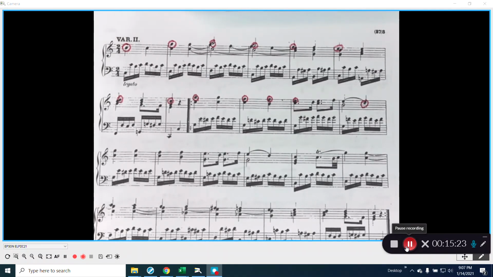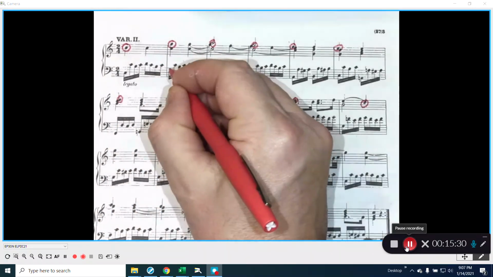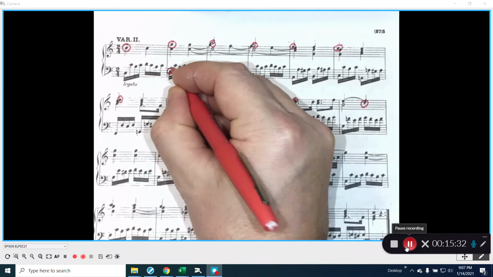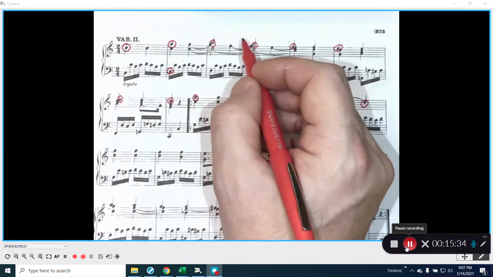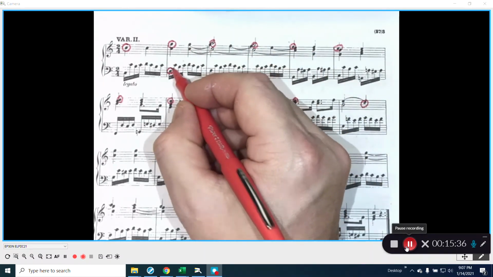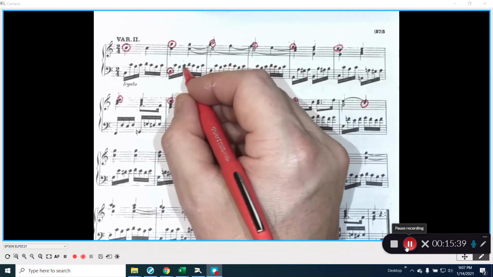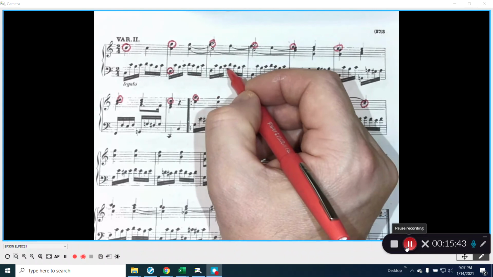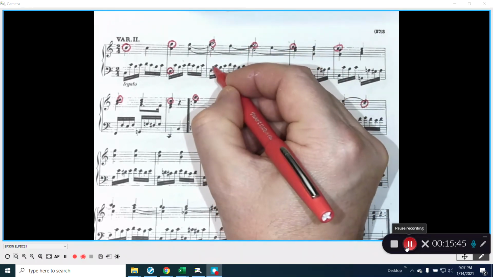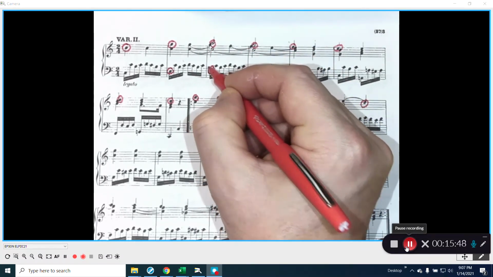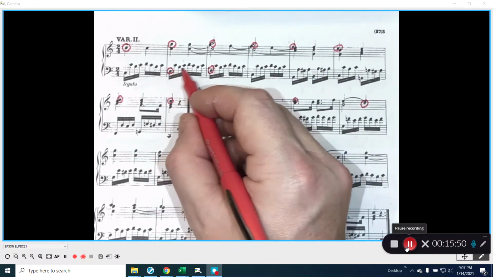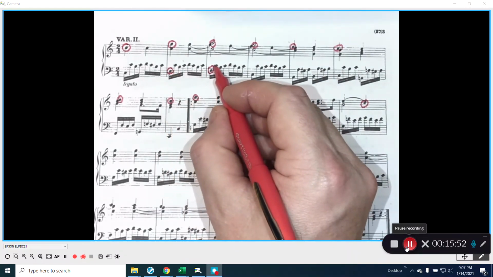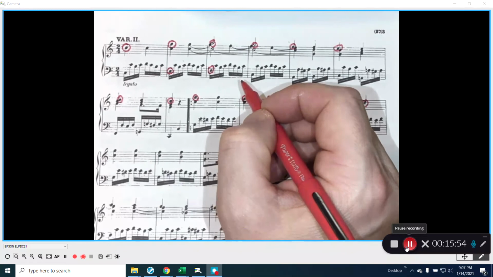Remember, suspension types are always measured against the bass. And in this case, the bass line is the first note of the measure. So I'm going to measure the G against the E. Okay, that is a third. Okay, but then when F comes along, that third, as a consonance, evolves into a ninth.